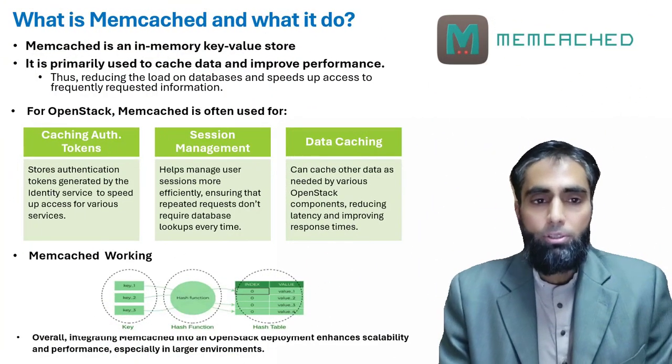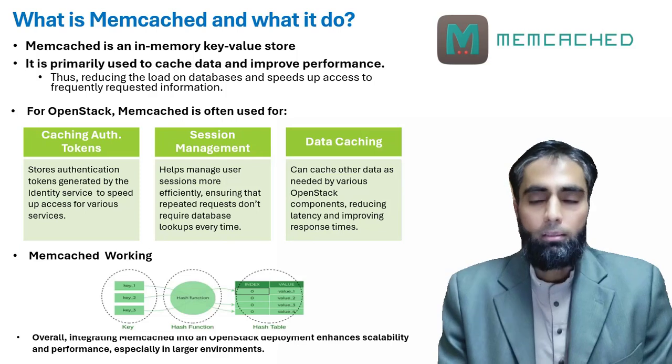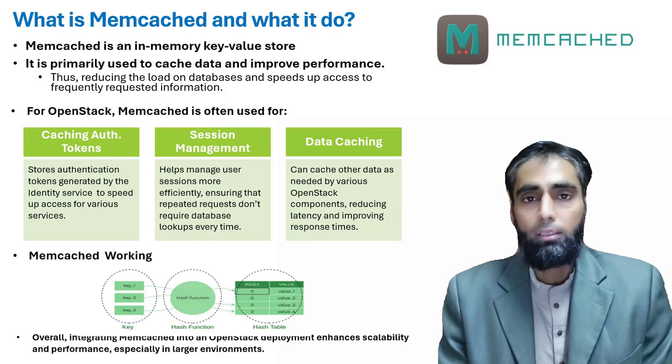Memcached is a memory store which stores data in the form of key value pairs, and its basic purpose is to improve the performance while accessing frequently used data. By storing the information in memory, the accessibility speed is increased, and thus the performance of the service is also increased.